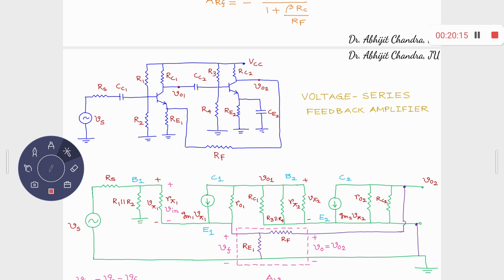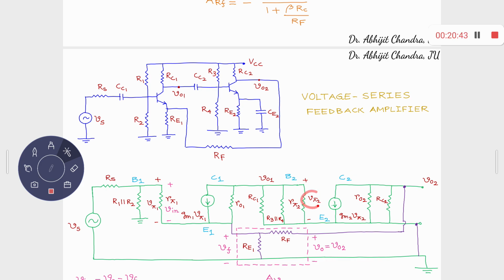Okay. You have GM1 V pi 1, a voltage dependent current source between the collector and emitter terminals of BJT1, and you have this RO1 connected between C1 and E1, collector 1 and emitter 1. Done. Similarly, you have R pi 2, GM2 V pi 2, RO2 for the second BJT. R pi 2 is connected between B2 and E2 with this side positive, this side negative.